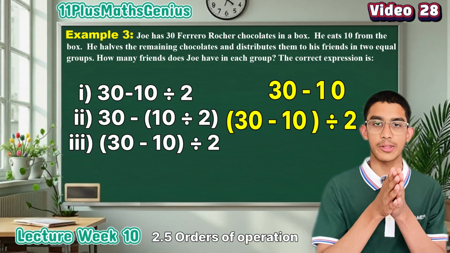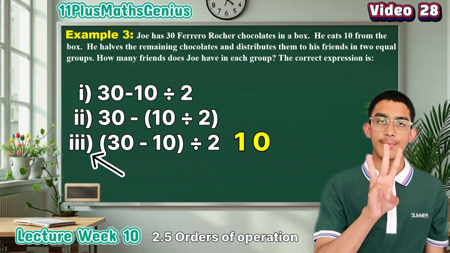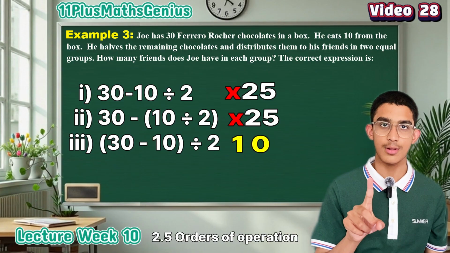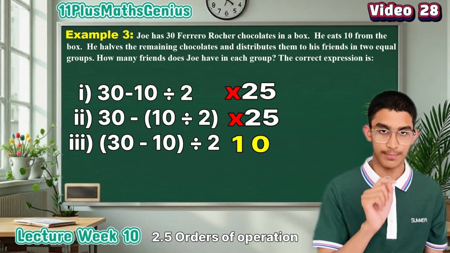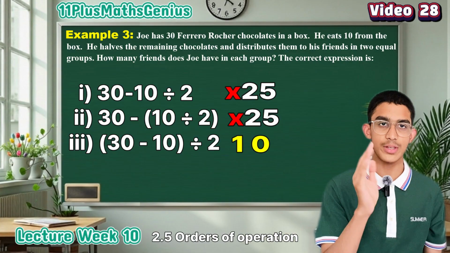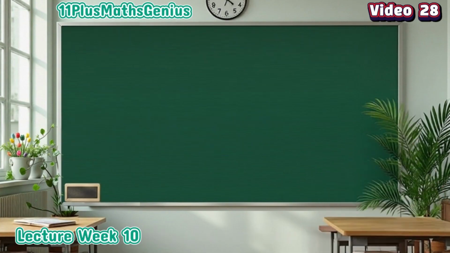So the answer is 10, which is option 3. However, if we choose option 1 or option 2, the answer is wrong. This is because 10 divided by 2 is 5 and 30 minus 5 is 25.